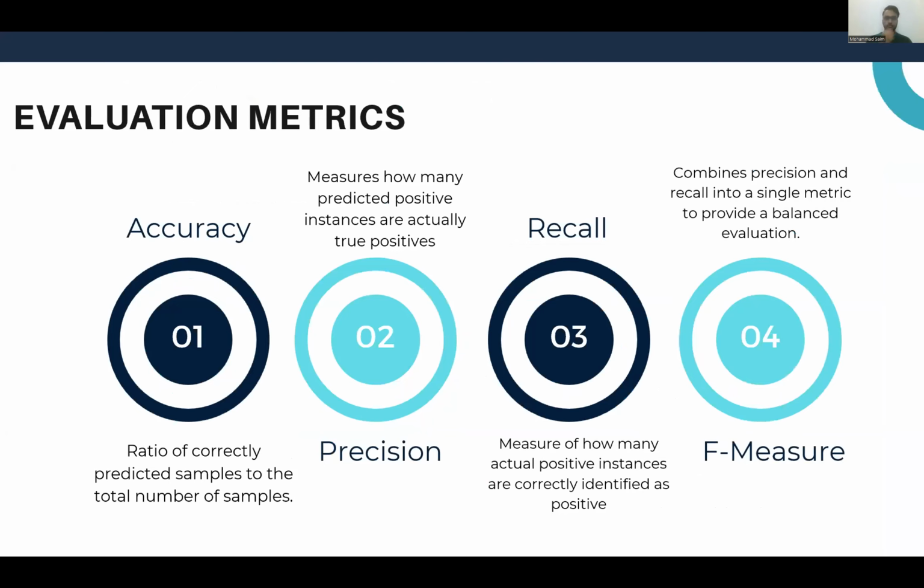Now evaluation metrics. We saw accuracy, which is the ratio of correctly predicted samples to the total number of samples. There were three more measures, which are precision, recall and F measure. Precision records how many true positives and false positives we have recorded against the entire data set. Recall is similar, but it does not take the true negatives, it takes the false negatives.